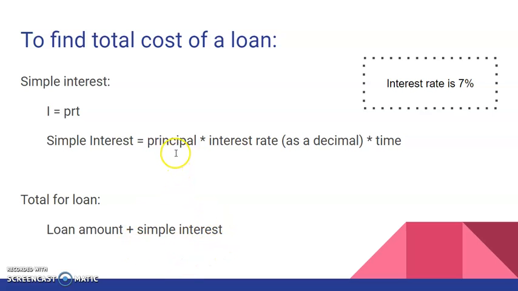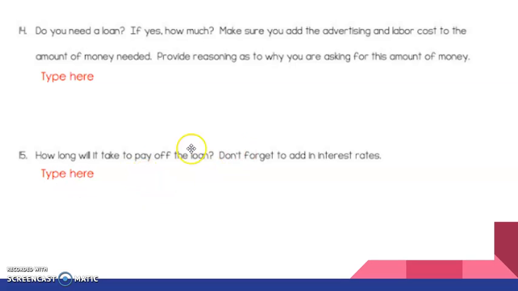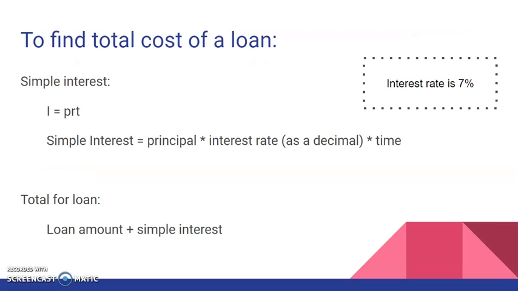So if you're doing $10,000 for 5 years, once you multiply 10,000 times 0.07 times 5, you're going to add that number to 10,000 to figure out how much you're going to have to pay the sharks back. So again, for number 15, you get to pick how long it takes to pay it off, but when we pay it off, remember you have to do the loan amount and your simple interest.